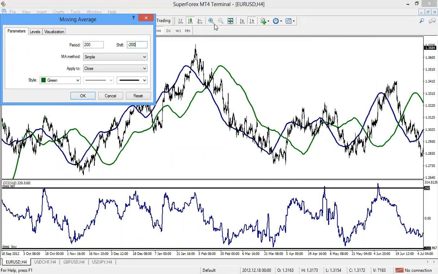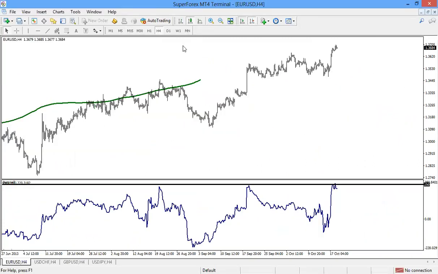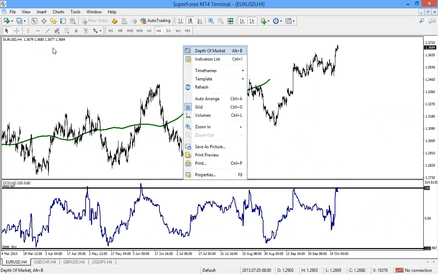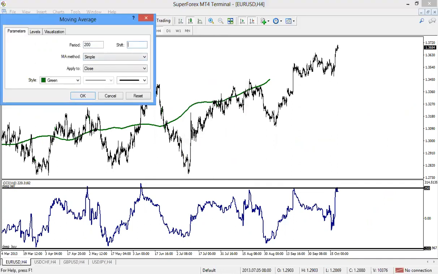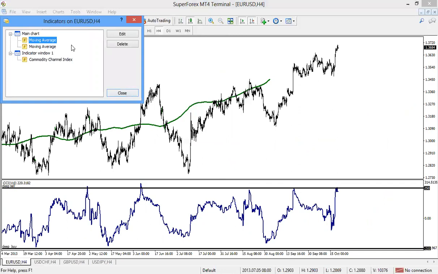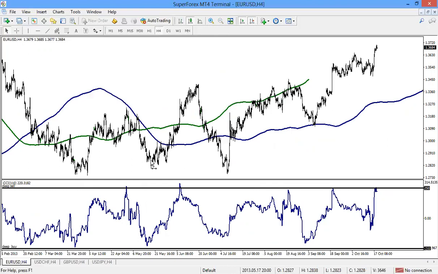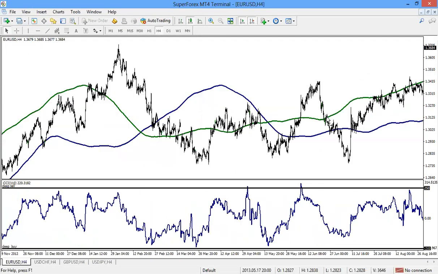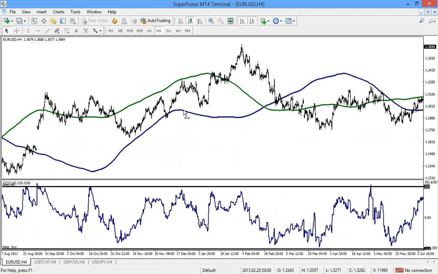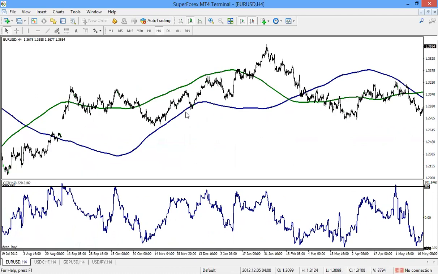Okay, and on this one now, the other moving average has completely disappeared. Let me see. So this is the green one. The blue one, what happened? Let me do this. Unfortunately, it does not really display what I wanted, but you can see something here.